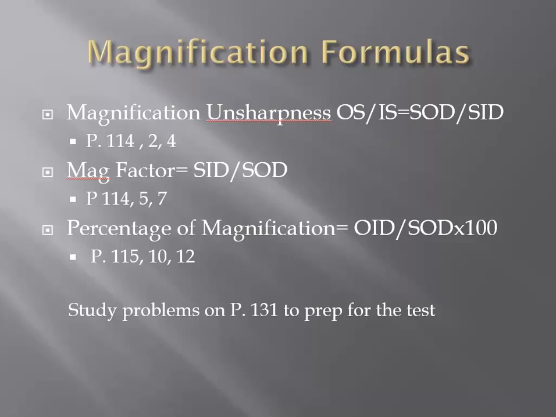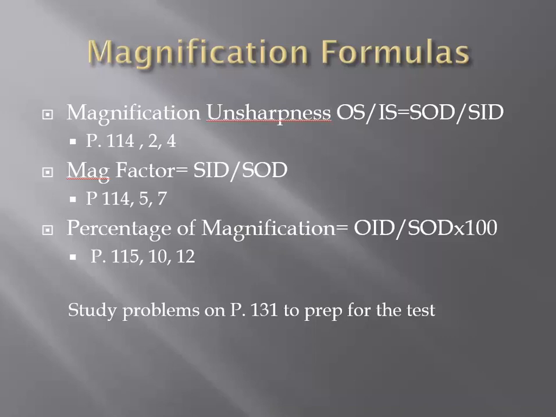Number 2 says determine the size of the projected image of an object that measures 3.5 inches if using a SID, that will be FFD as SID, focal film distance and source to image distance are the same thing, of 36 inches and a source to object distance of 30 inches.